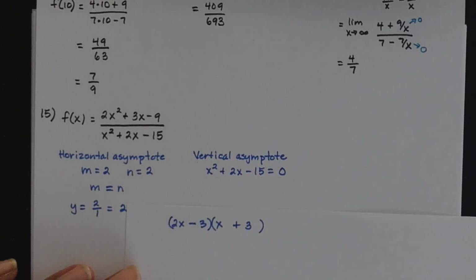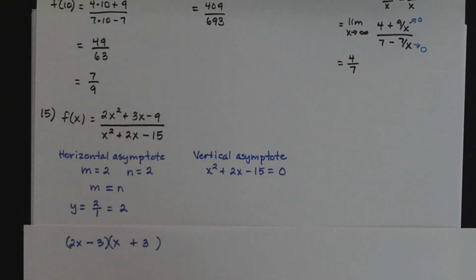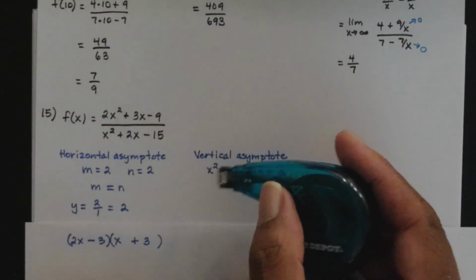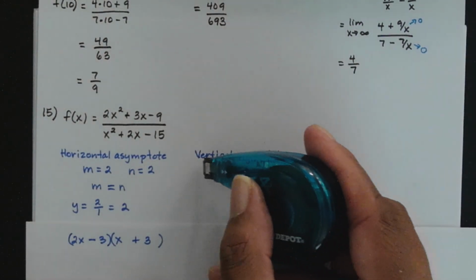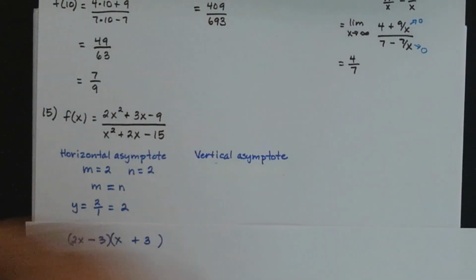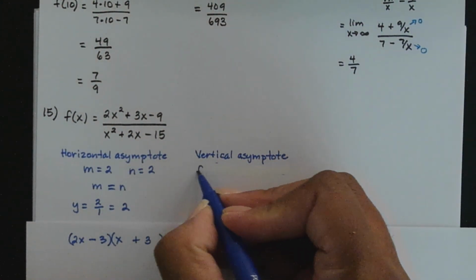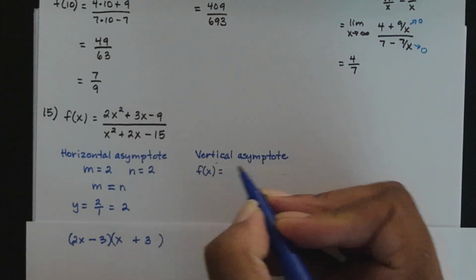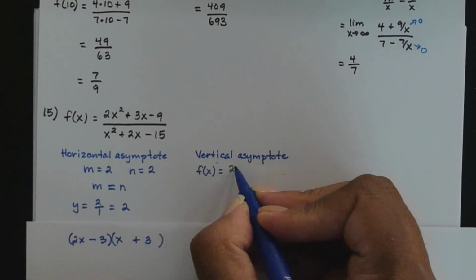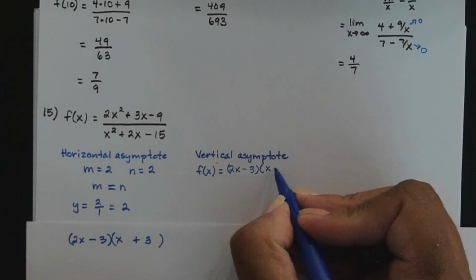Yeah, I can. Because you want to make sure that this is divided out. This has no common factors in them before you can identify your vertical asymptotes. Okay. So I can see that numerator, and I'm using trial and error method here. This will be 2x minus 3 times x plus 3.